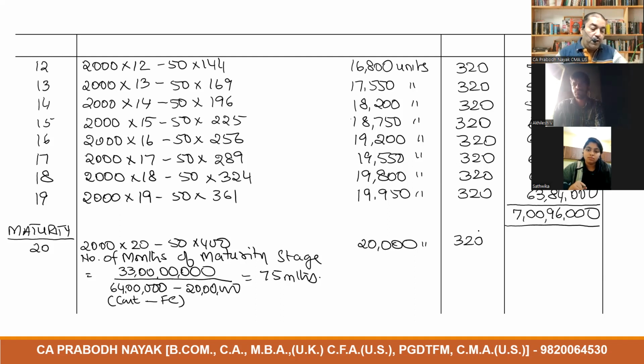So my total contribution for the maturity period will be 20,000 multiplied by 75 multiplied by 320. Calculate and tell me, Satvika. 48 crores, sir. 48 crores. Okay, so we will write that figure here. 48 crores.